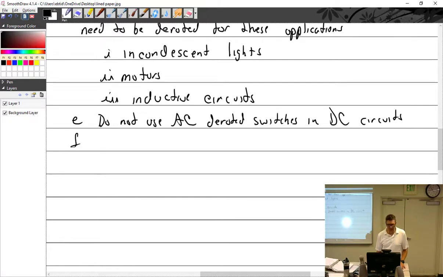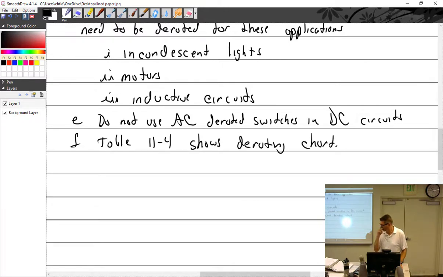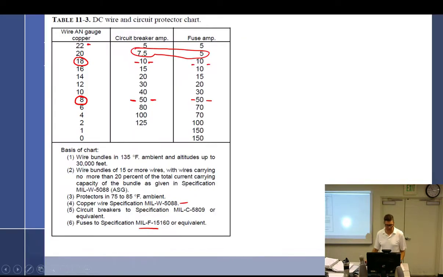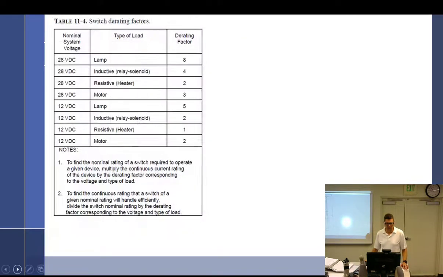All right, so table 11-4 shows the derating chart.